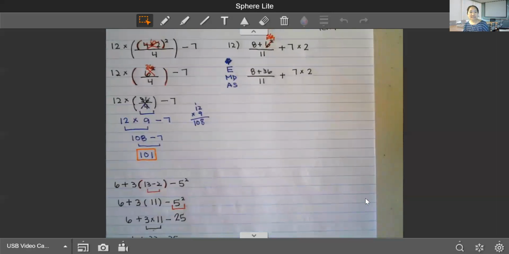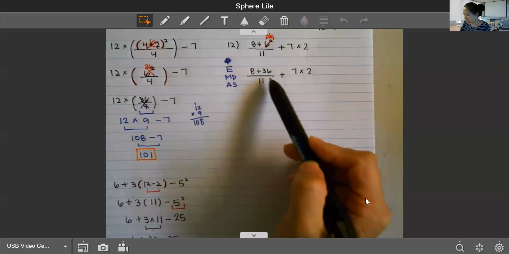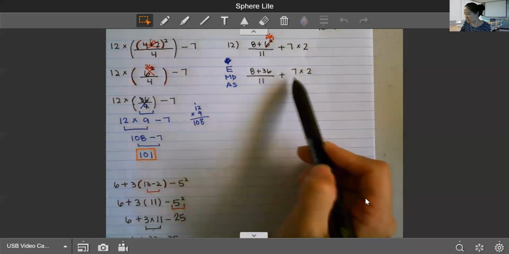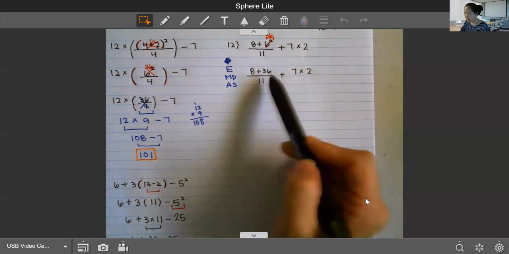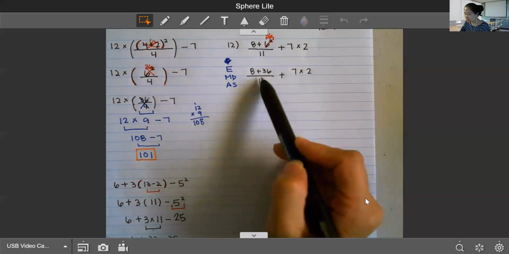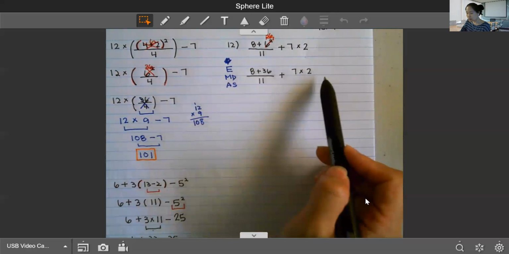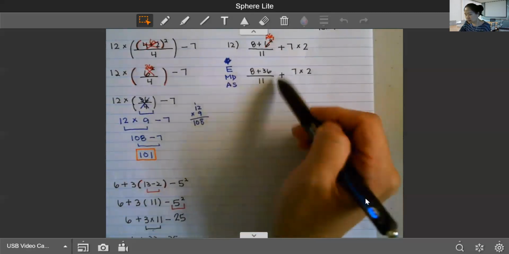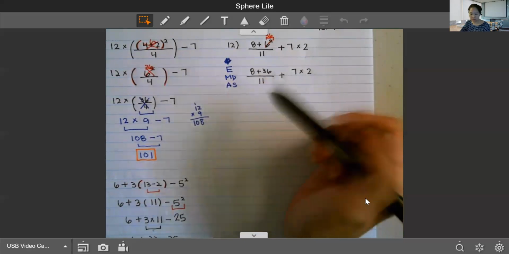Now, please listen carefully for the next part. So I've got right here, do you notice that I have division, addition, and multiplication? So naturally, if you have division as well as multiplication, you go from left to right. So I'm going to do this part first. But in here, you can't do 8 plus 36 divided by 11.